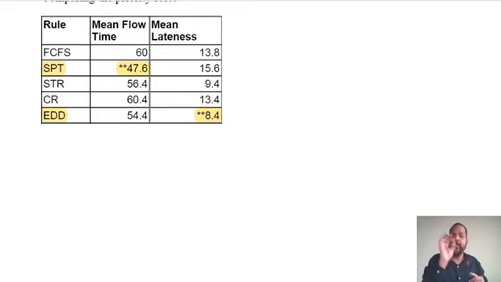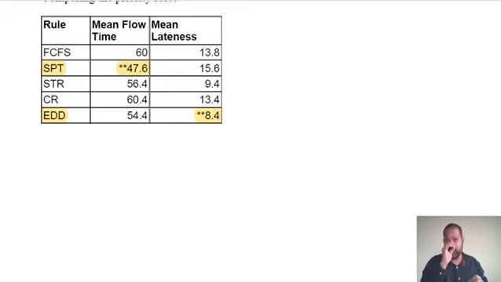I know that mean flow time is the least when sequencing is done with SPT, which is the shortest processing time first. And if you ask me about lateness, the lesser the lateness, the better it is. Then lateness is the least if I sequence according to EDD, which is the earliest due date.